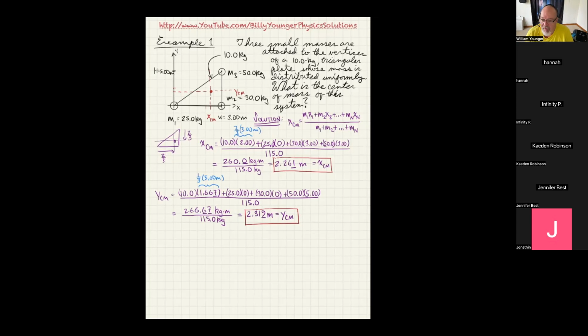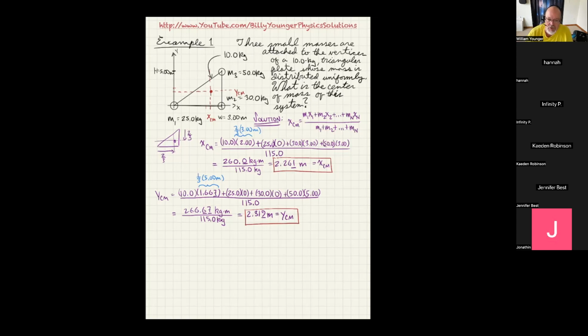What that means is the center of mass will move like a point particle, acting as if all the mass is located at the center of mass. Then you could have a secondary equation about rotations, which would tell you the orientation of the object. But the object's still going to behave like a single point object. If you want to know its orientation in space, you need a second equation.